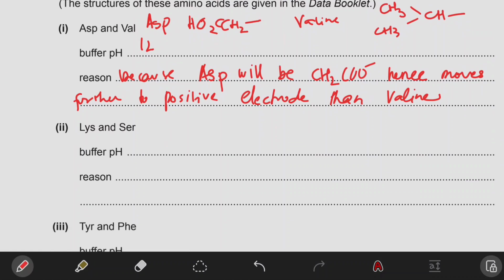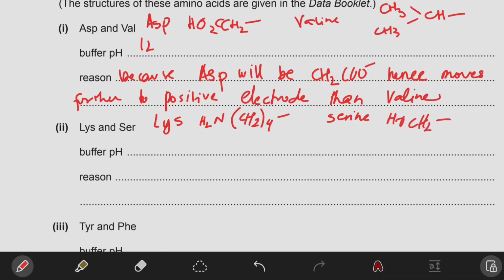For these, we have lysine and serine. So the lysine side chain is quite long, it's H2N, and then we have CH2 chains, and for serine it's HOCH2.